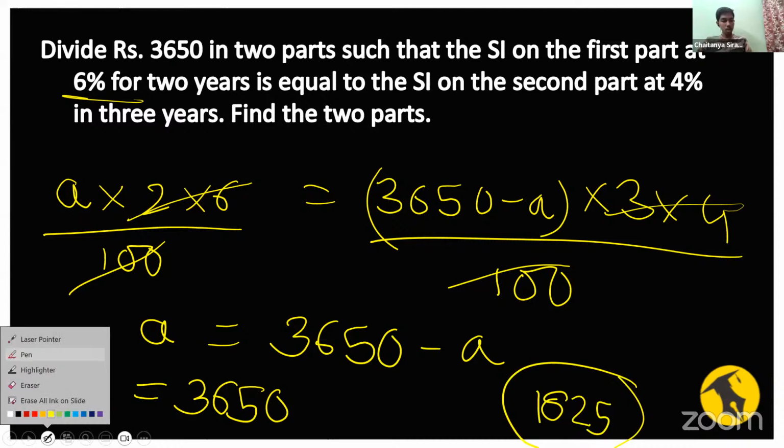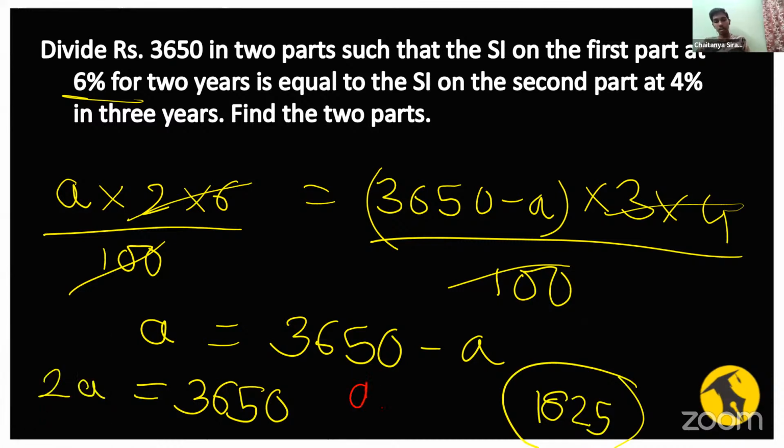This is part A equal to part B equal to 1825. Alright, if I had two parts A and B, then the amount would be 1825 and 1825. I hope the answer is clear to you.